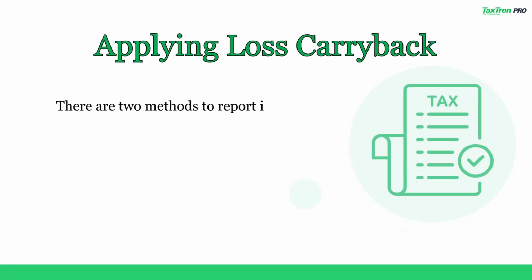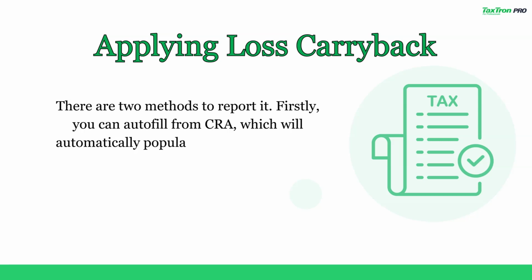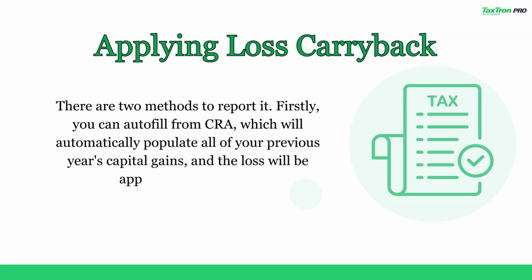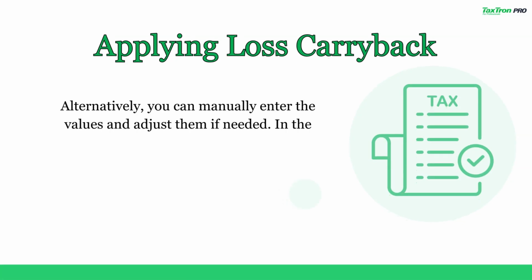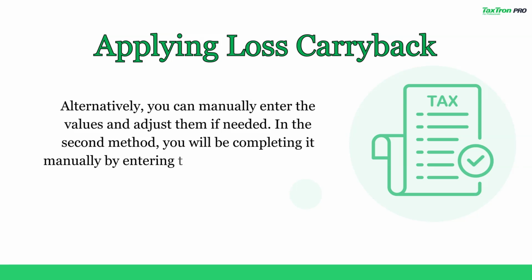There are 2 methods to report it. Firstly, you can autofill from CRA, which will automatically populate all of your previous year's capital gains, and the loss will be applied automatically. Alternatively, you can manually enter the values and adjust them if needed. In the second method, you will be completing it manually by entering the information yourself.